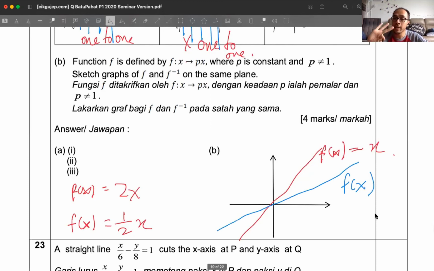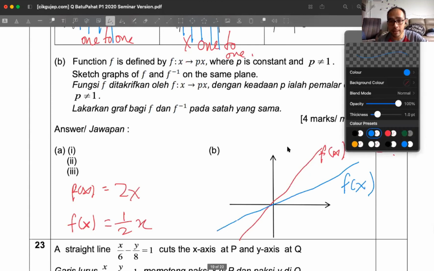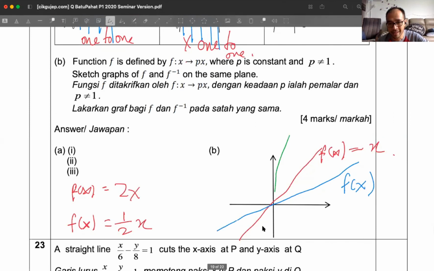The inverse of it is the reflection of f(x) on this line. So the inverse will be like this. This is f inverse x. I reflect the blue line along the red line when f(x) equals x.